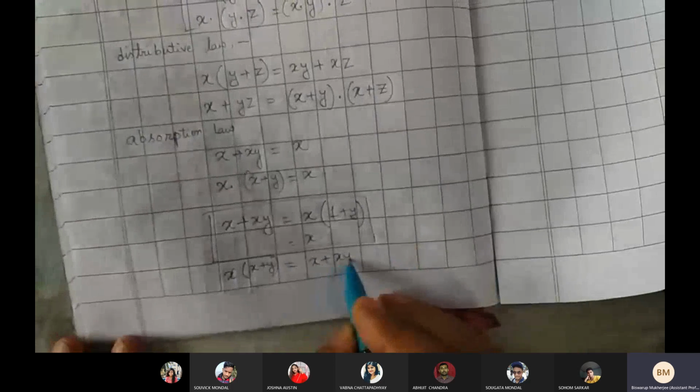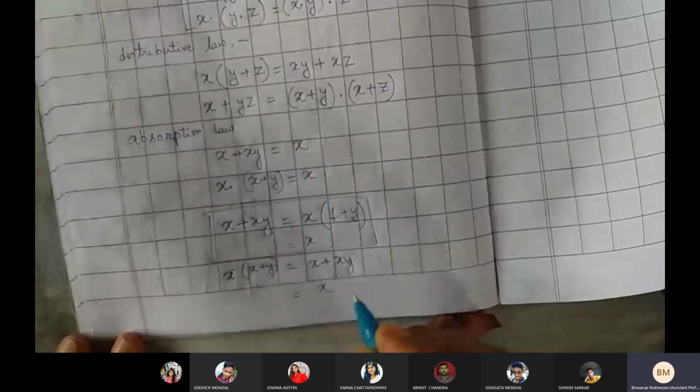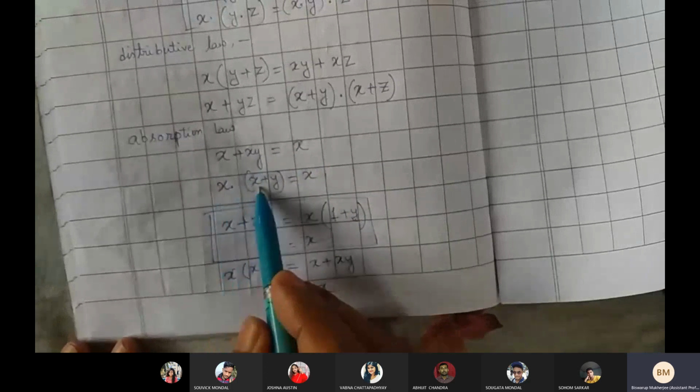And x plus xy is nothing but x, so that is equal to x. So similarly, x dot x plus y is also equal to x, right? So these two are also called the absorption law. You need to remember this one. Okay. And there is another one. This already you know, that is the De Morgan's theorem, right? So there is another one called the De Morgan's theorem.